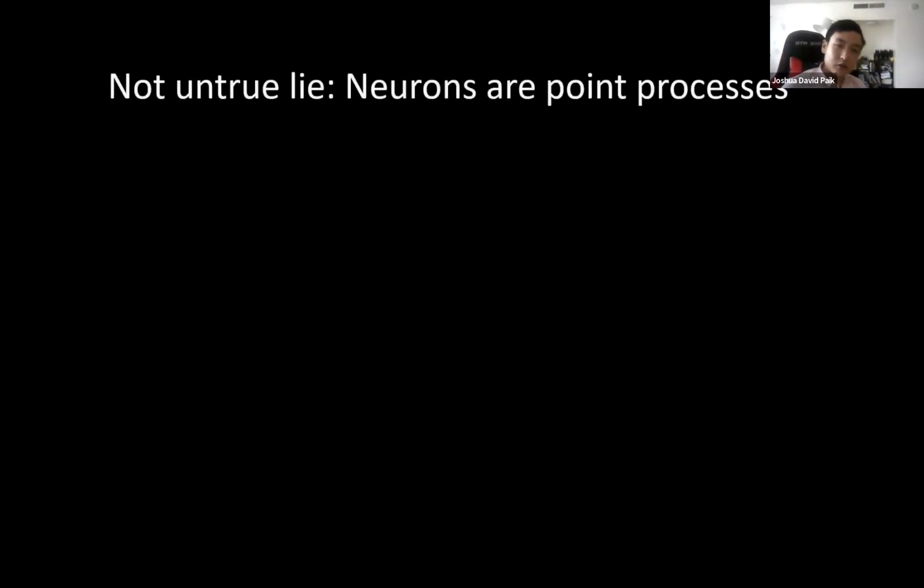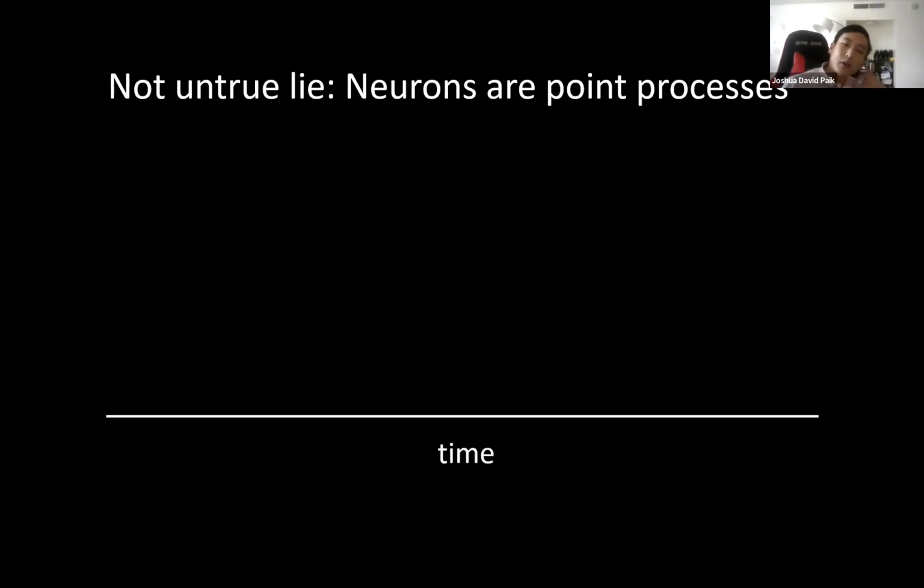So place cells. Firstly, I just wanted to state a basic neuroscience fact, just because a lot of us don't know them. The not untrue lie, it's not 100% true, but it's morally true, is that neurons are point processes. What do I mean by that?